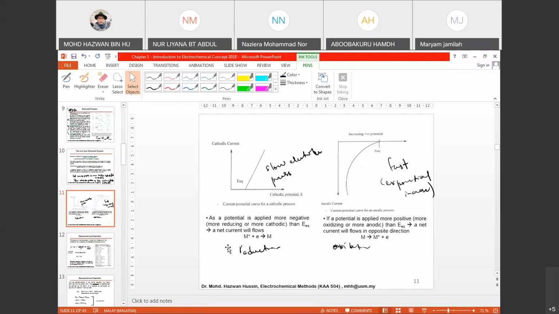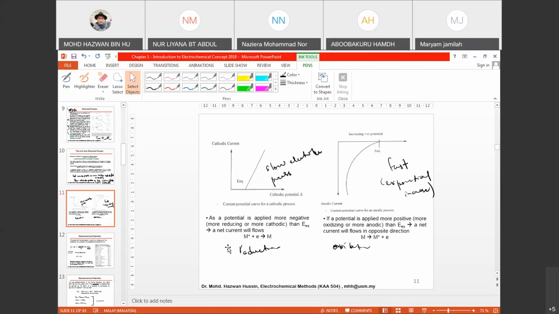Doctor, I'm a bit confused. The left one is the slow electrode process. So this is the reduction, and this is the more positive standard potential, right?